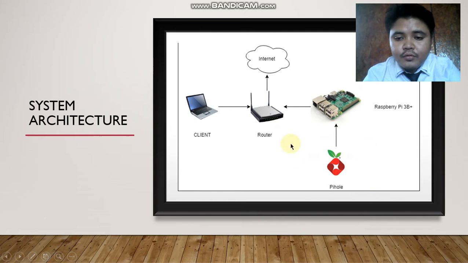The Pi-hole will be installed into the Raspberry Pi using the Raspbian, and then the Raspberry Pi will be connected to the router by using the Ethernet cable, and then the client will connect to the router, and the router will connect to the internet.